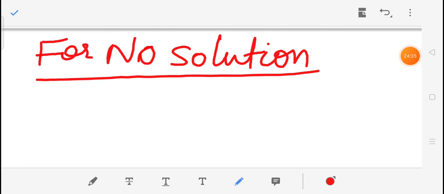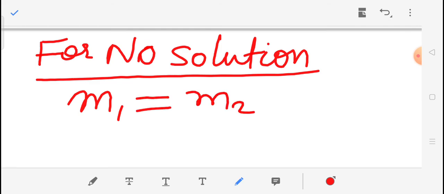So for no solution we are going to get that its slope is going to be equal, m1 equals m2.